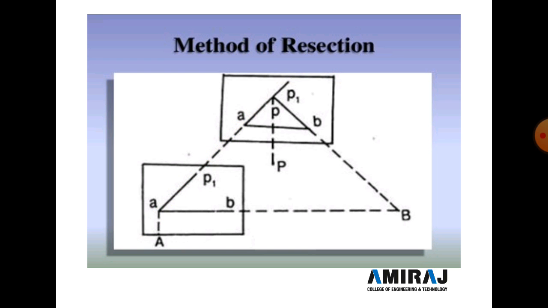Now a point p1 is marked on this line by estimating with the eye. Clear? So it is marked as the point p1.